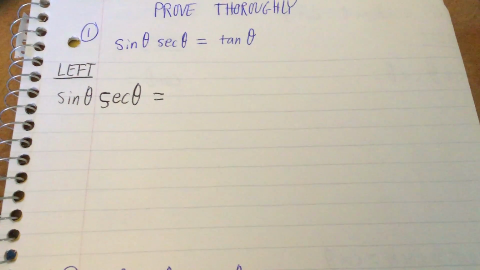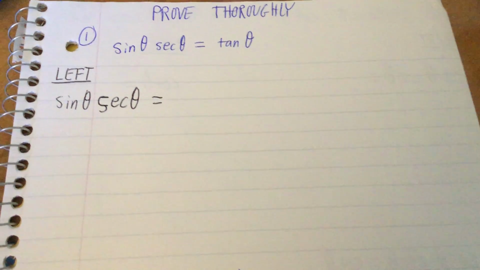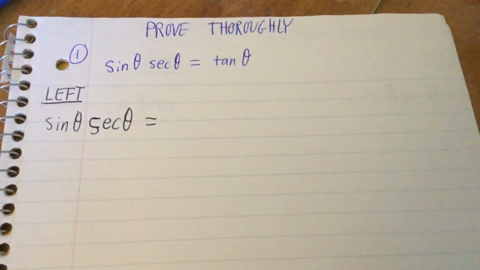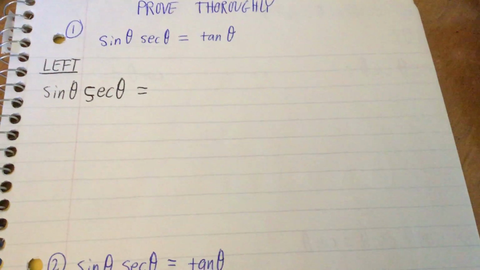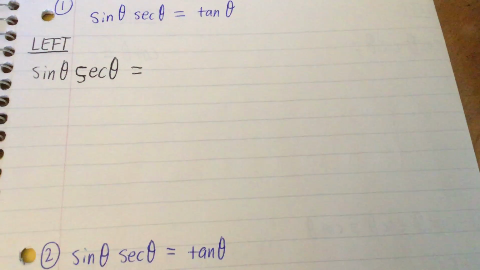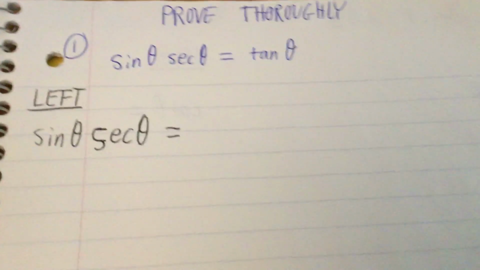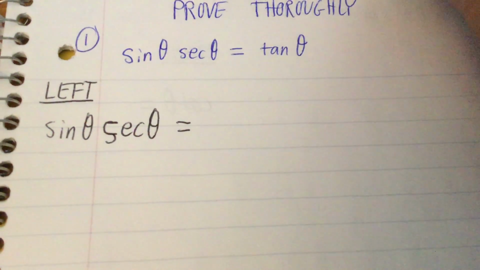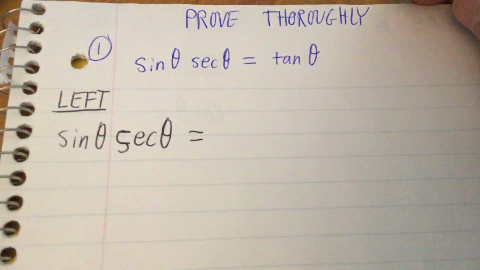So the first 2 problems are going to be done in 2 ways. So 1 and 2 are the same problem, and 3 and 4 are the same problem, and then we're going to be doing 1 problem each. So for instance, what if I want to use the left proves right method for problem number 1, like we did yesterday?